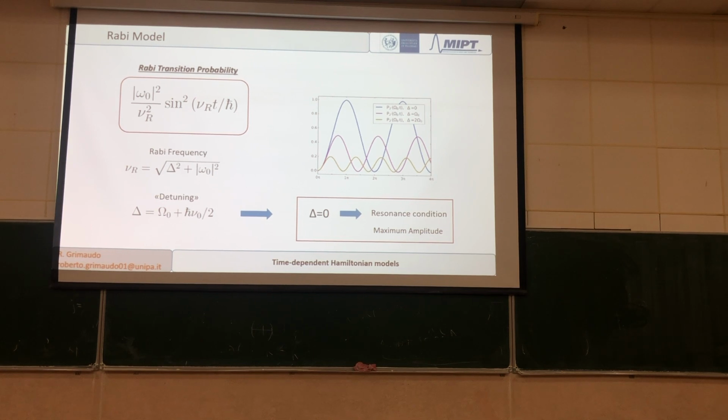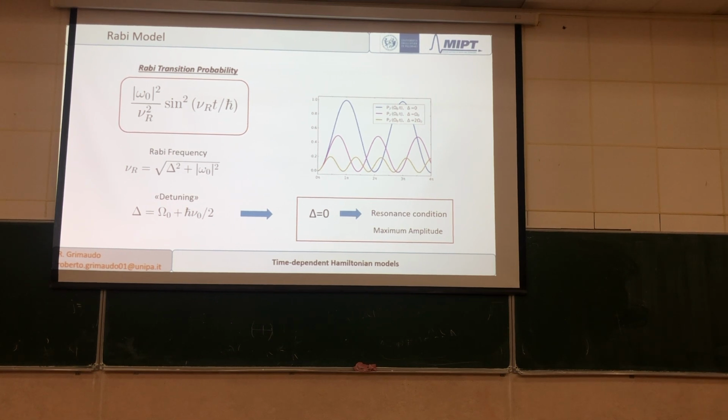It is a time-dependent transition probability, of course, and it is a sine, and the amplitude is this one. We see that it depends on the Rabi frequency, written in this way, which in turn depends on the so-called tuning, which is this quantity.